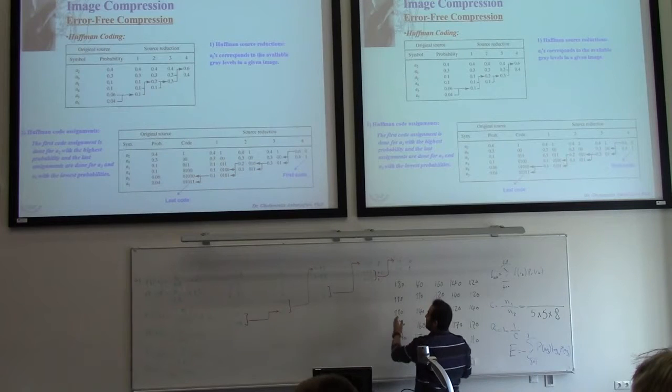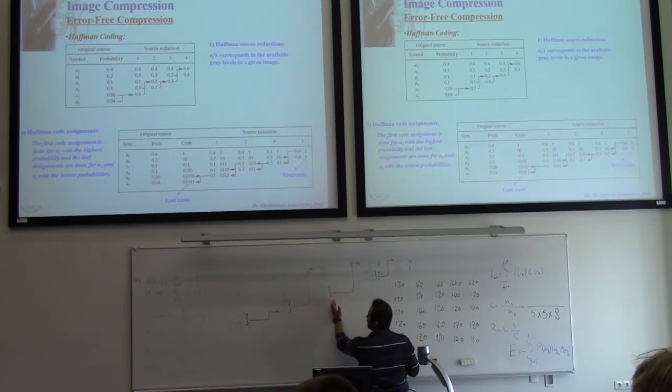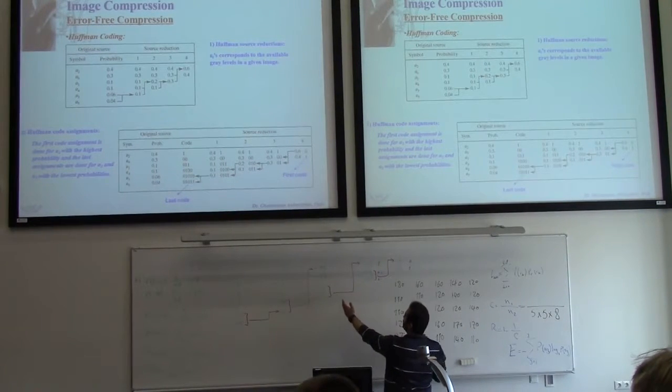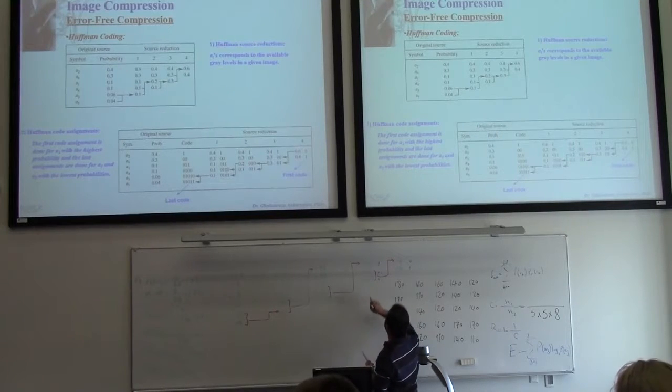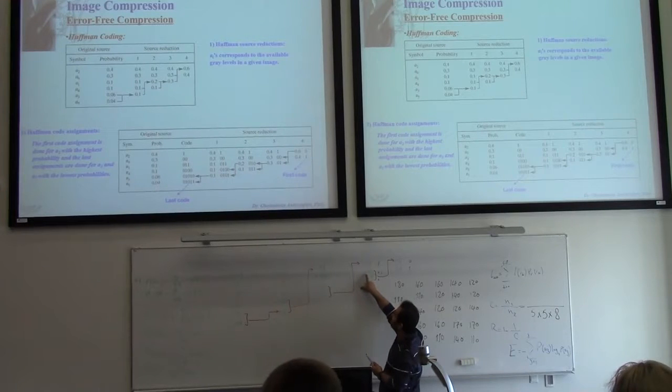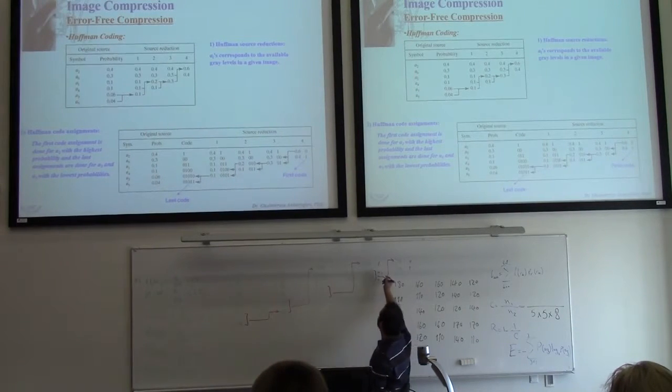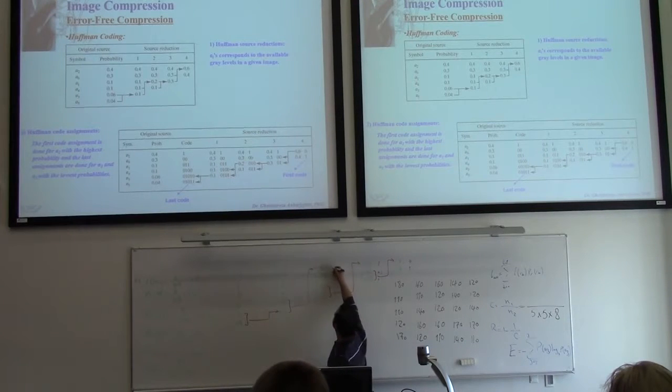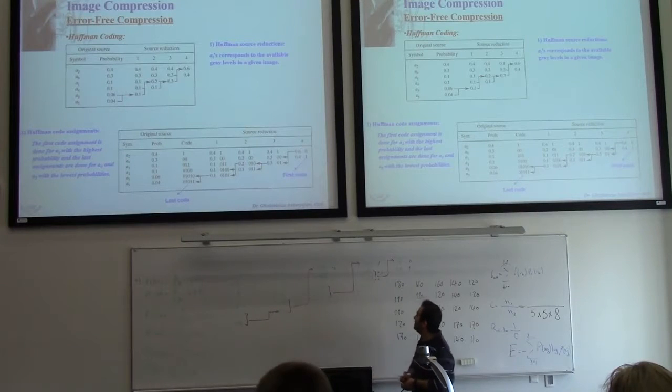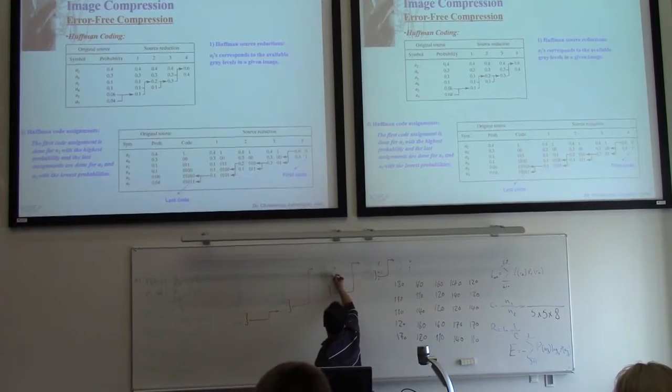Okay? We come back to the third step. For the value of 0.32 we assign these bits. Okay? We can directly write it here, and for the value of 0.28 we also can write it here.